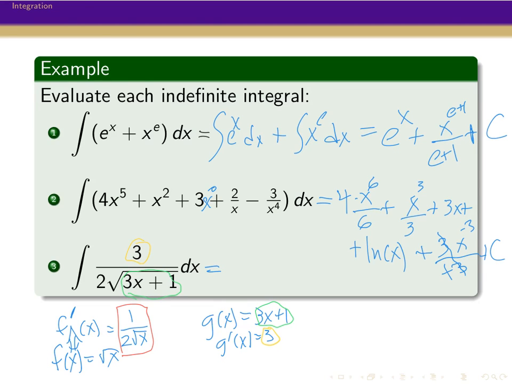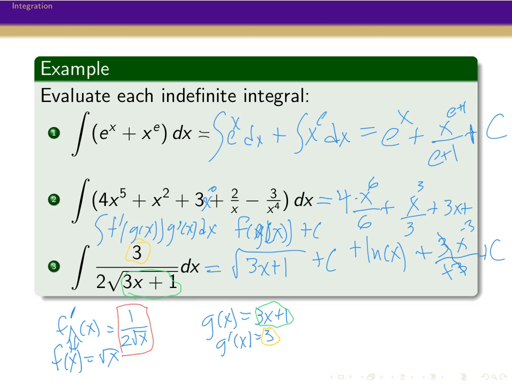So this is of the form integral f prime with g of x plugged in times g prime of x dx. And so on the other side, this is going to equal f with g of x plugged in, plus c. And so my f is the square root, my g is 3x plus 1, and then I add c at the end to give me my answer.